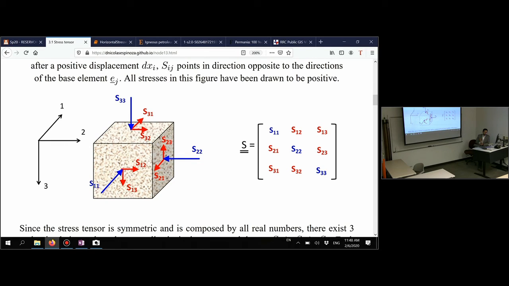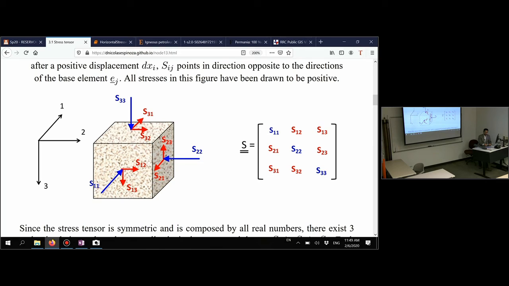But there is something more important than the direction of the arrows. What is very important is what those subindices are. Those subindices mean something. The first subindex means on which face the stress is applied. For example, all these stresses in here have first subindex 2.